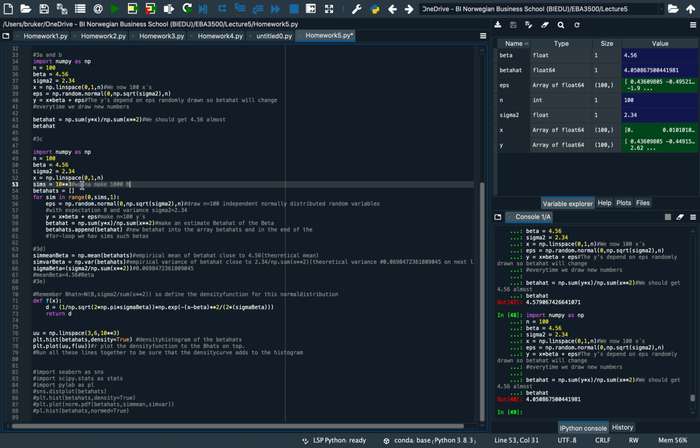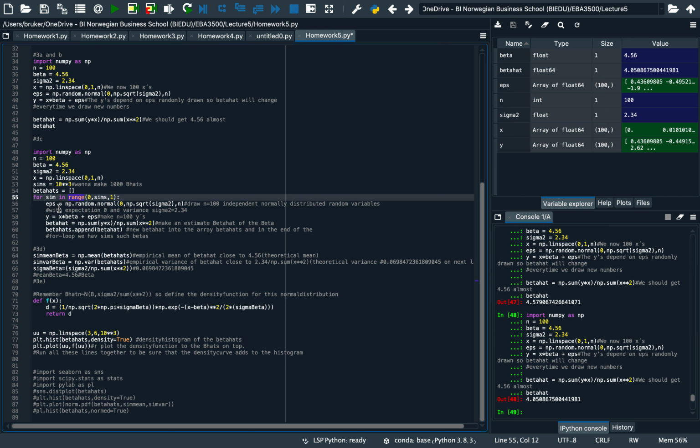Then I have to make an array or vector of beta hats, and I will fill this up with 1000 beta hats.